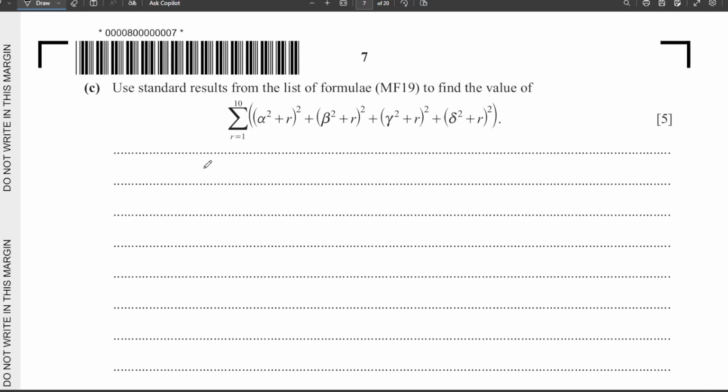For part C, we want to use the standard result from the list of formulae MF19 to find the value of this sum: the sum of r squared plus r, and square it. So first thing, maybe we can try and expand this first. This is just a quadratic expansion. You should be quite familiar with this by now.